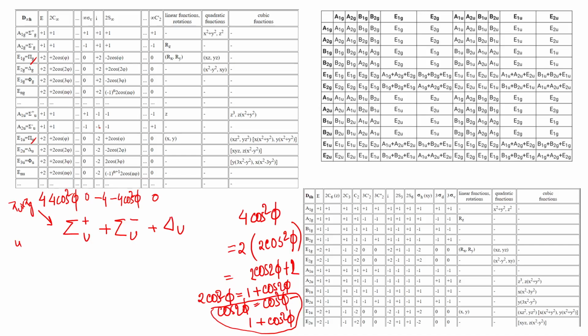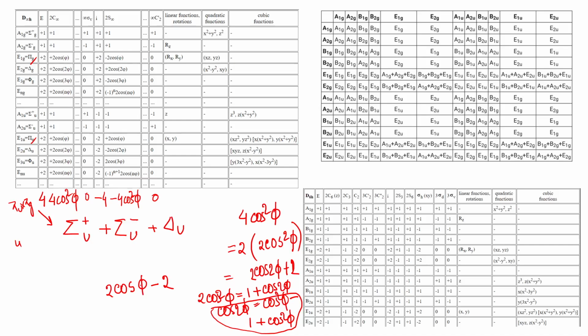Minus 1 is minus 2, minus 1, minus 2 is minus 4. That is exactly matching. Then minus 1, so 2 cos phi minus 2. 2 cos phi minus 2.